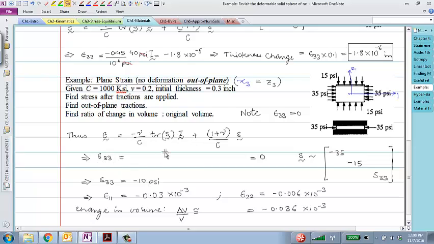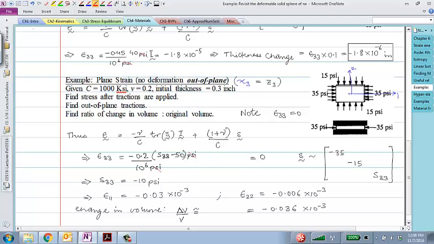If we look at the 3-3 component, we know that has to be equal to 0. Minus nu, which is 0.2, divided by 10 to the 6 psi, times the trace of stress, which is minus 50 plus S33, so S33 minus 50 psi.